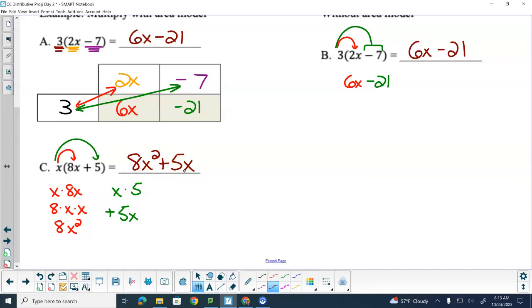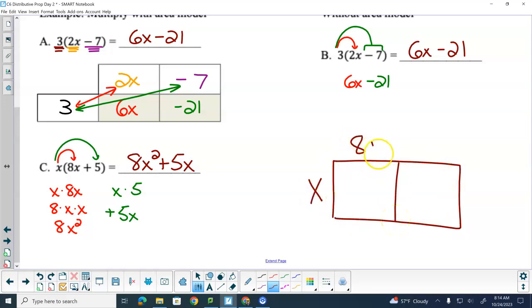Thumbs up, we got it. Thumbs to the side, we missed the squared. Thumbs down, totally didn't get it. If we did an area model, we'd have 8x and plus 5. There's our 8x squared. There's our 5x. And if we put in the plus there and the plus there to keep our signs going, we'd be good.